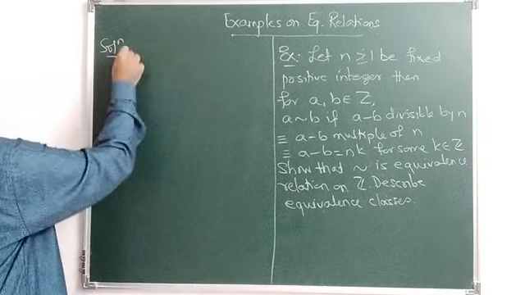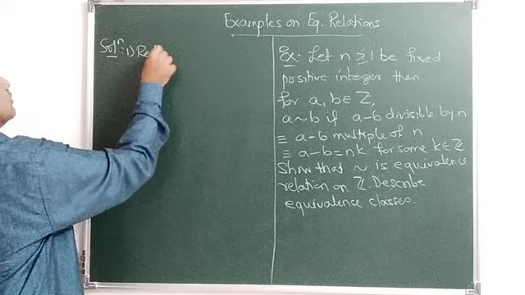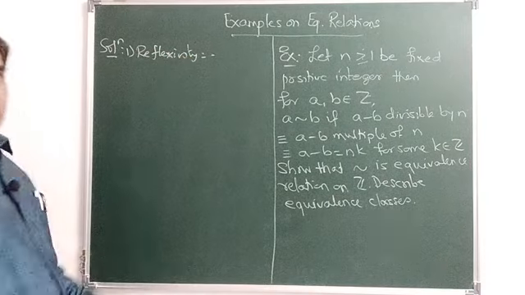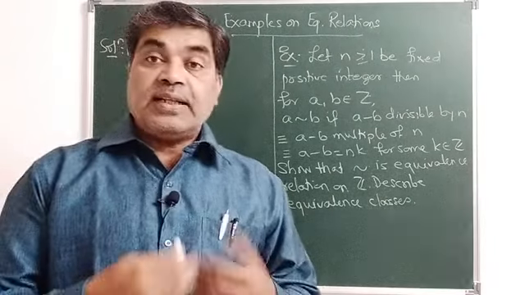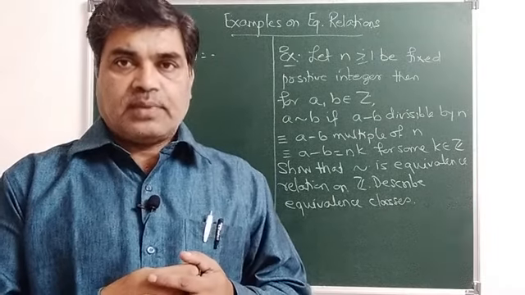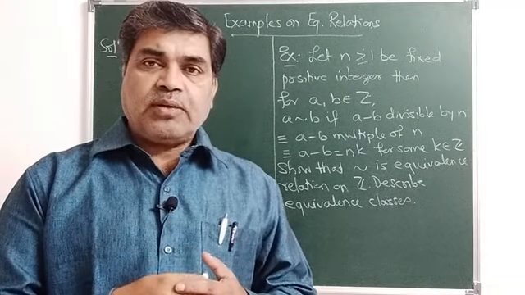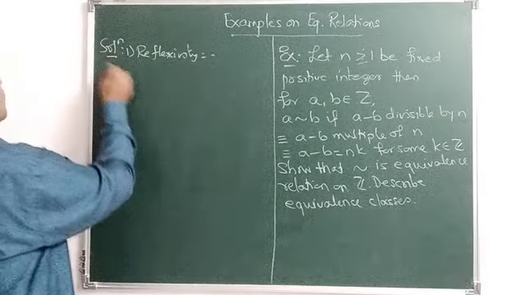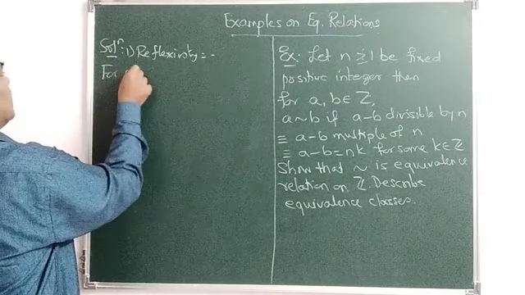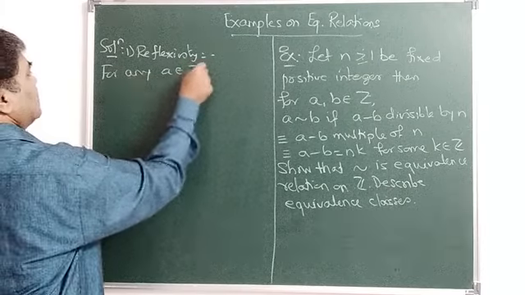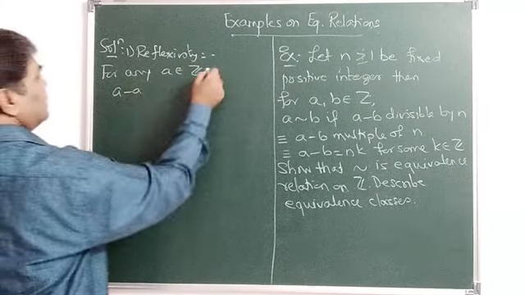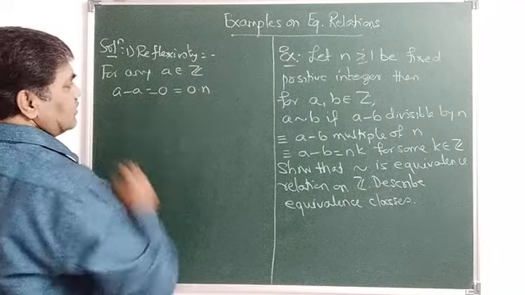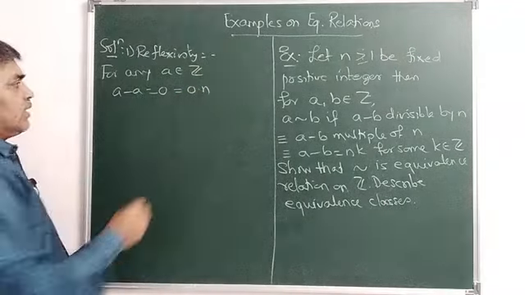First, reflexivity. It means we have to show that every integer is related to itself, that is, the difference is a multiple of n. So for any a belongs to Z, a minus a is equal to 0, and 0 is nothing but 0 into n.